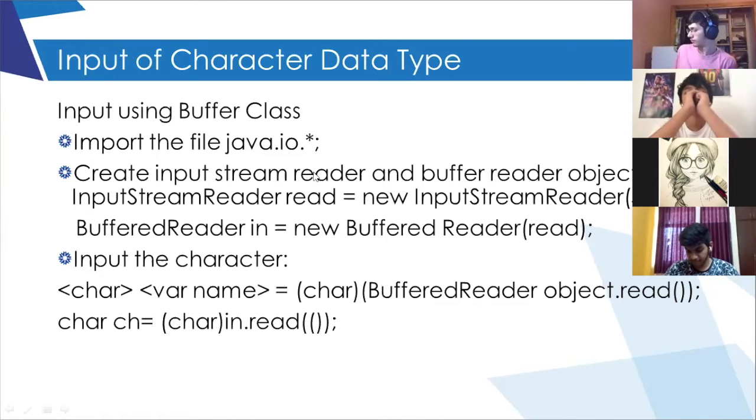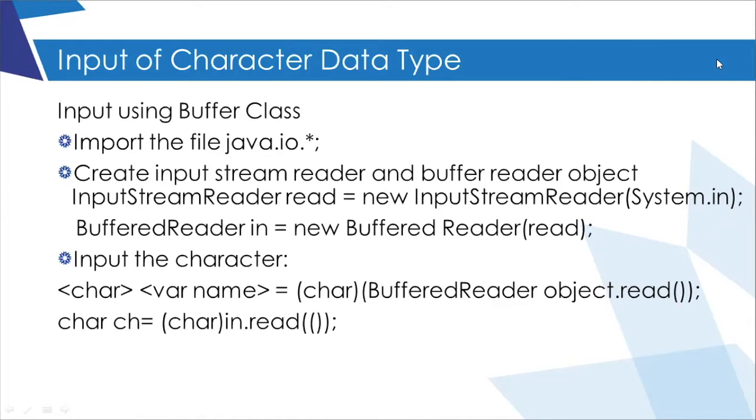Here read is the object, equal to new InputStreamReader(System.in), and then you have to create the BufferedReader, where the name of the object is equal to new BufferedReader(read). After that you need to create your character variable ch is equal to, and here you can see this is the explicit type conversion.